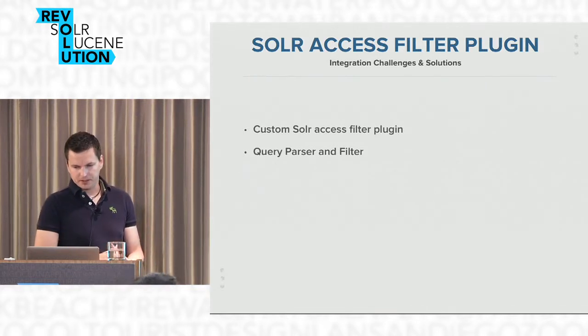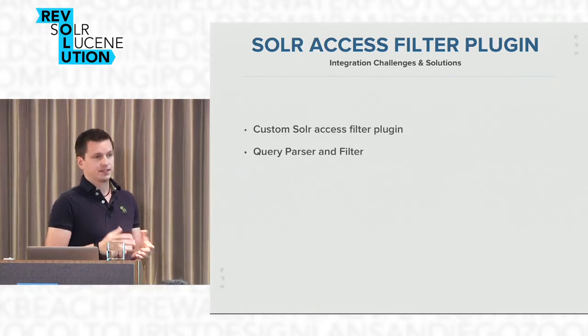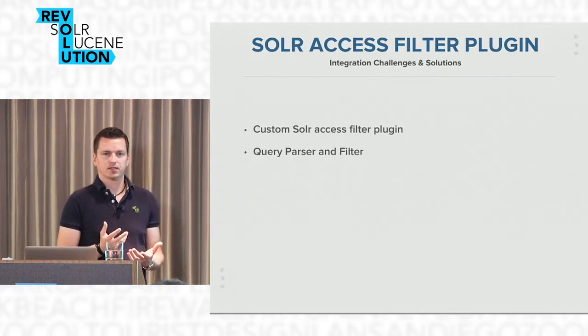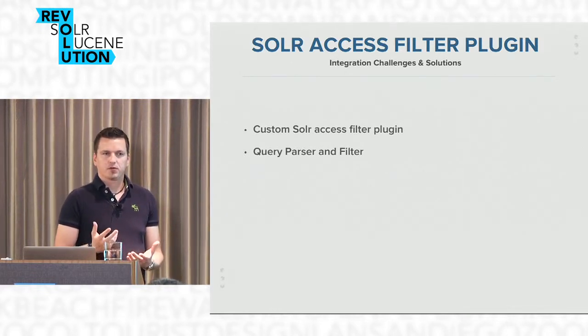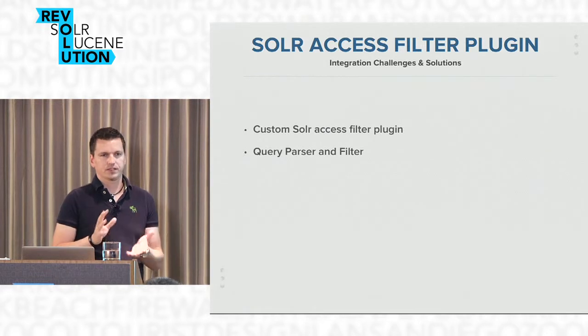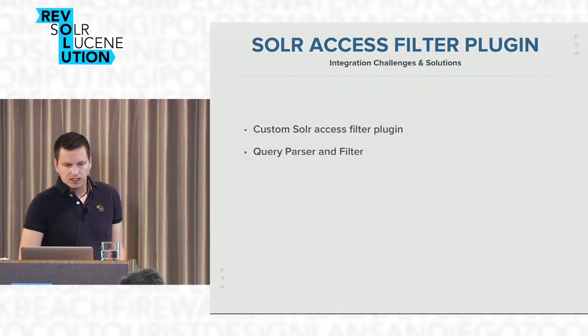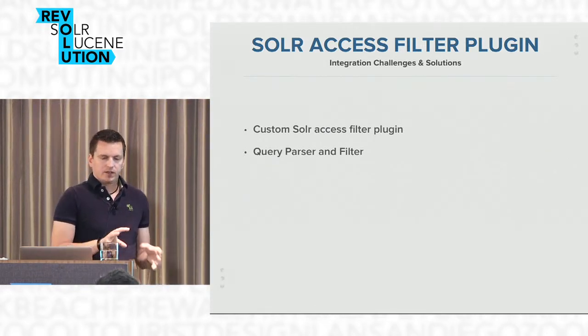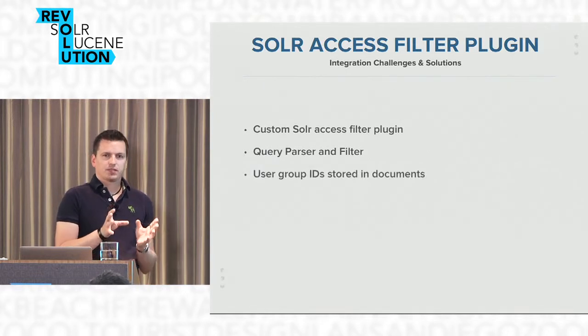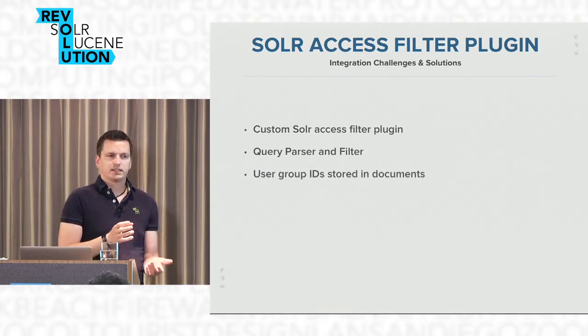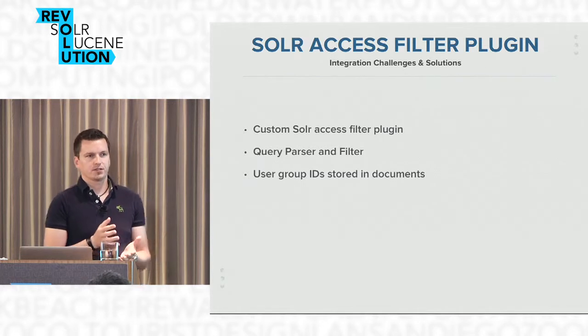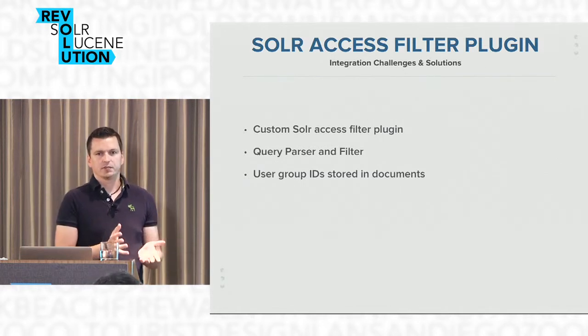And the cool thing about doing that is, since it's just a regular filter in Solr, it's very performant because all the filters are cached, basically. And then the way we do the matching is we simply store the user group IDs that are allowed to see a certain document. We store that in the document itself.